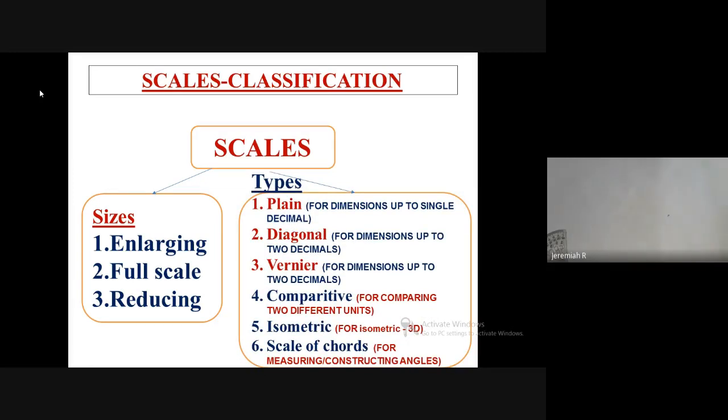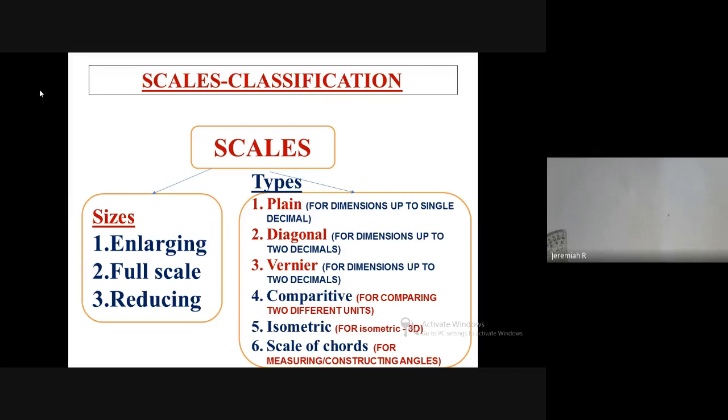I'm going to teach one problem in plain, diagonal, vernier, and I'll give some more assignments for you. From the exam point of view, plain scale, vernier scale, diagonal scale are there, but comparative and isometric scale and scale of chords are not in the syllabus.